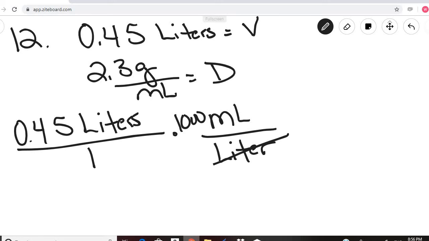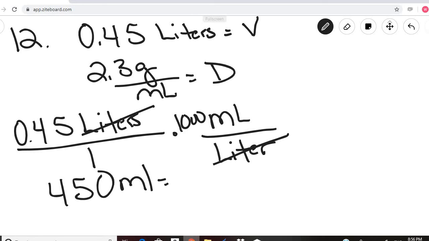So liters are going to cancel. And for the volume, if you do that math, you'll get 450 milliliters. And 2 significant figures here, 2 significant figures there.